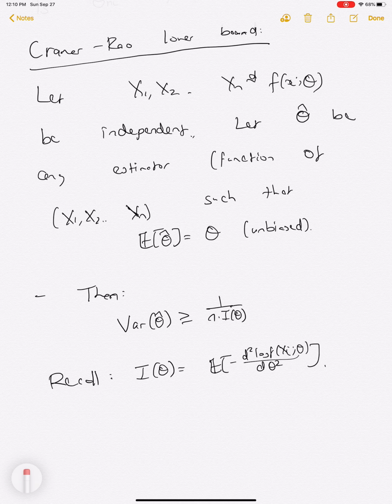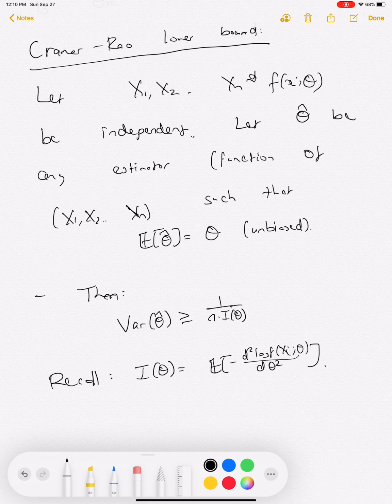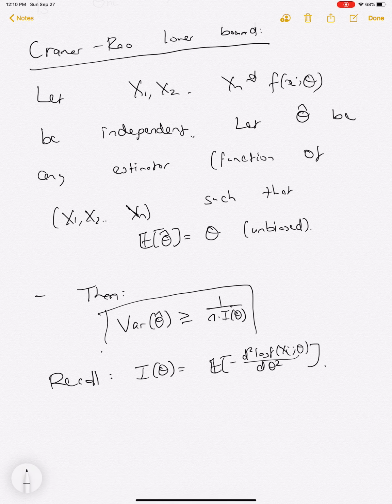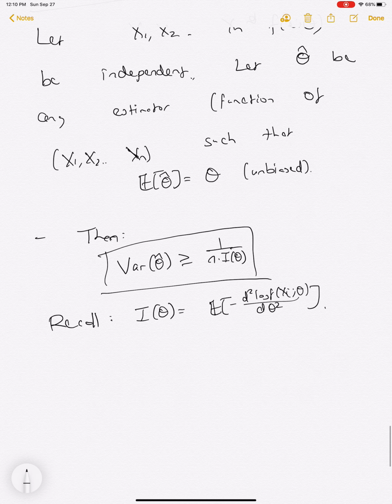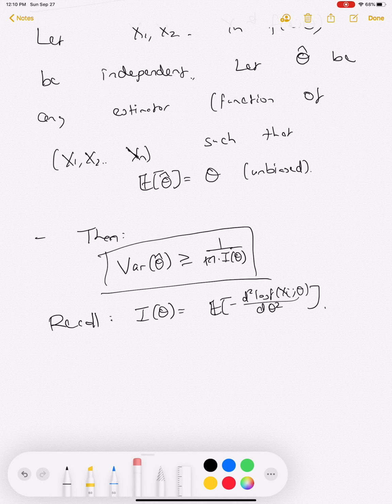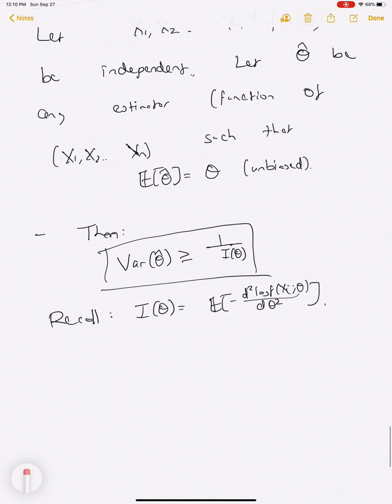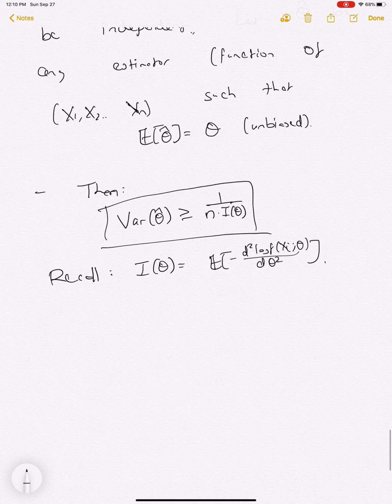Then the Cramer-Rao lower bound basically says that the variance of theta hat is bigger than 1 over n times I of theta, this Fisher information. So let me write that out properly. Remember that I of theta was the negative double derivative of the log of the PDF or PMF.